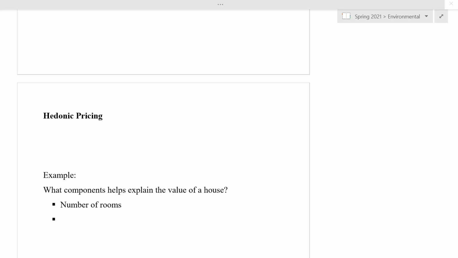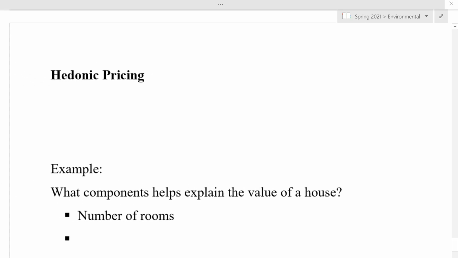Actually, let's talk about this one in the next video. This is going to be the last revealed preference technique we're going to talk about. This is going to round us off for the chapter.